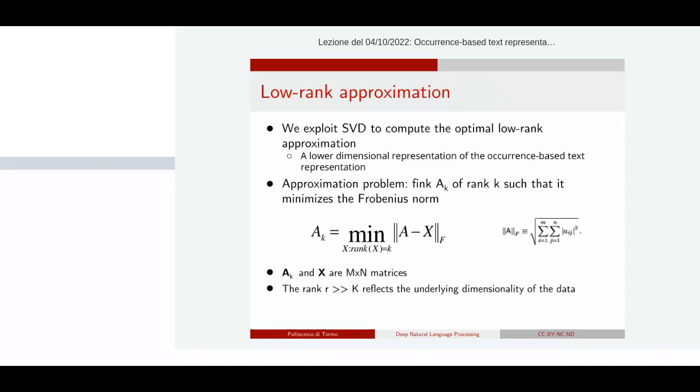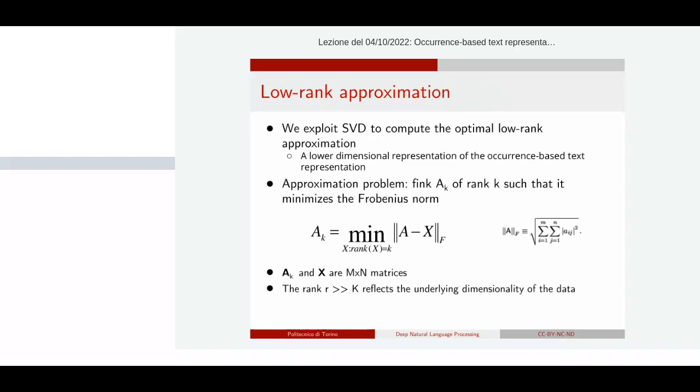A_k is a matrix of rank k, which loses some information with respect to the original one, but what it reflects are the main properties, which are representative of the underlying topics. Okay, so you apply dimensionality reduction.